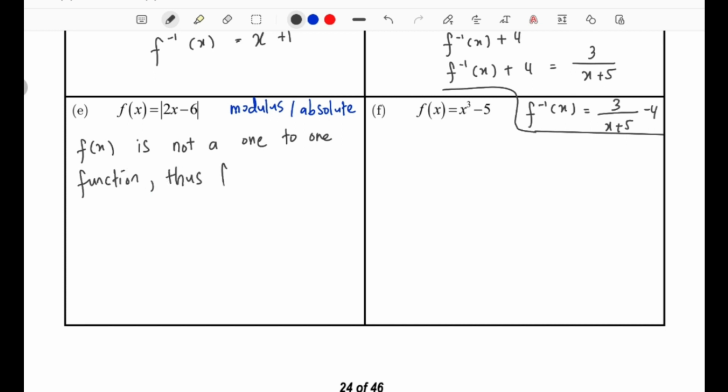Thus, f inverse does not exist. And then this one is a cubic function. f(x) is one-to-one.